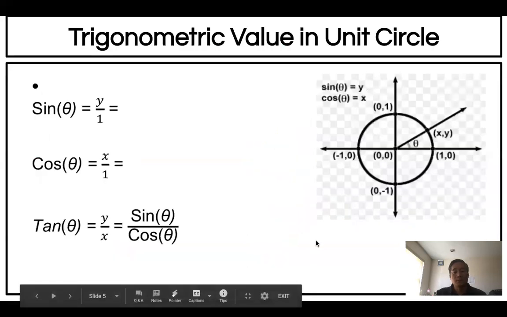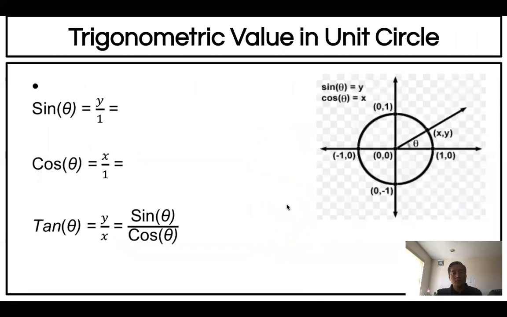All right? So yesterday we talked about trigonometry values, sine, cosine, tangent. You know that sine, cosine, tangent is SOHCAHTOA. So sine is opposite over hypotenuse. If you draw a right triangle, the vertical line, opposite, is here, right? The angle is here, so opposite is y, and hypotenuse is 1.